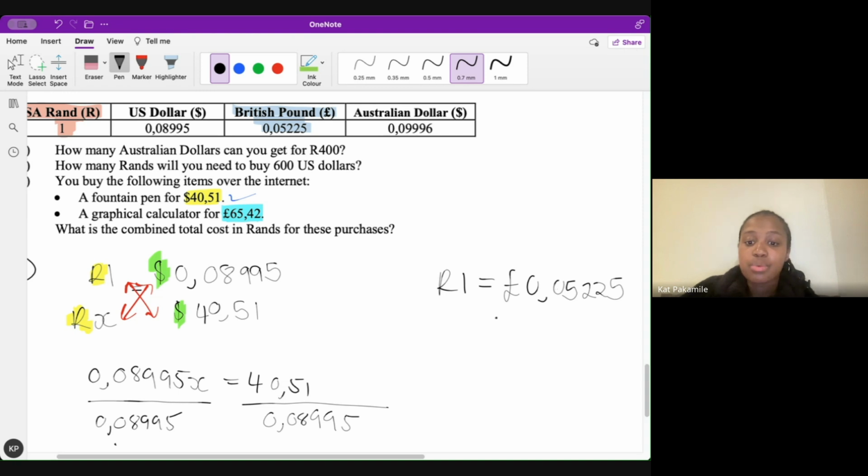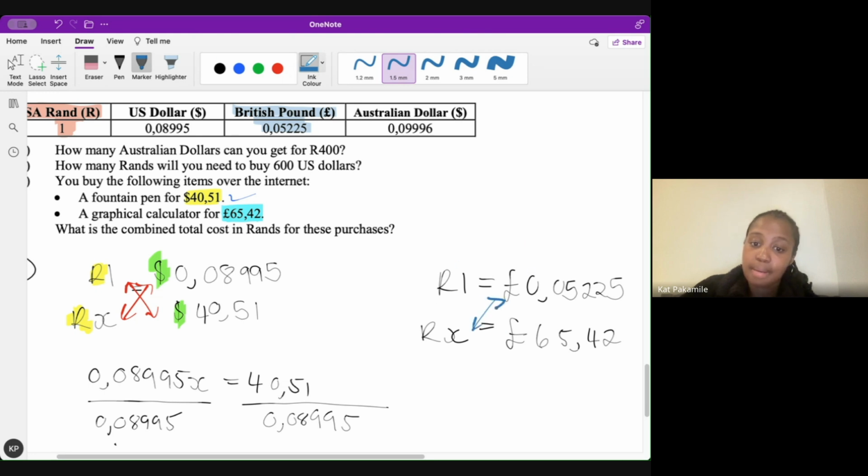And what were we given? We were given pounds. So they have to go under the pounds. This is 65,42 equals, I don't know how many rands. Have we checked that we have everything under the same unit? Yes. Now let's cross multiply.